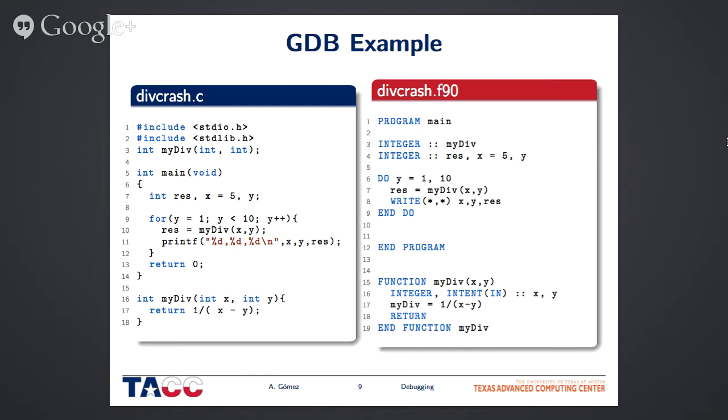If they have the same value, we'll have a division by 0. And since in the main program we are initializing x to 5, and we are iterating over y, once y has value 5, this code will crash, right? This is a fairly trivial example. Usually, of course, your code is not going to be like this. But this is just to show you how these debuggers work.